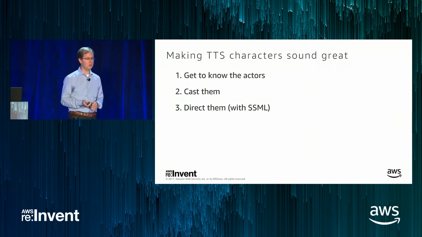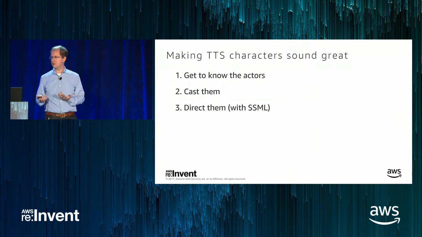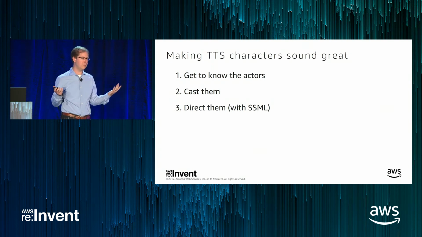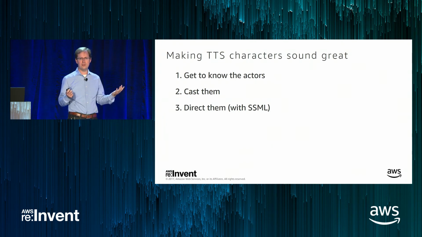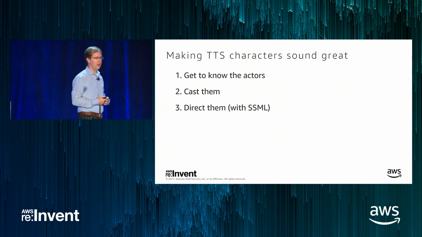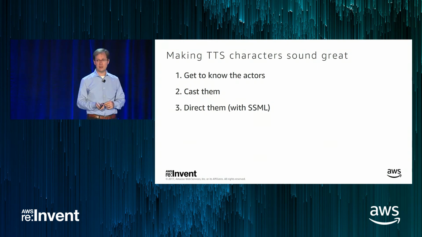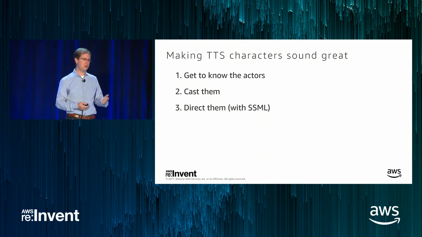So the first thing we do, we treat the TTS characters like people, and so we go through the process that we would go through if we were hiring voice actors, more or less. First, you need to know what characters you have to work with. And Amazon Polly gives us a lot of different characters to work with, and I'll show you some in a minute.